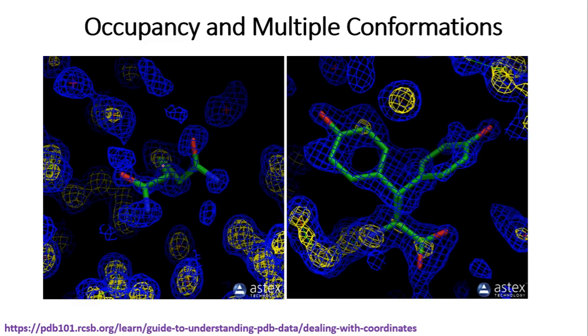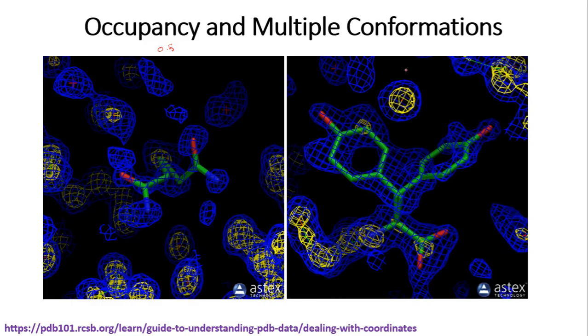Okay, over here you can see that in half of the crystal the side chain is oriented in this way, while in the other half of the crystal the side chain might be oriented in this way. In such a case, the occupancy for this particular atom in your PDB file would be 0.5. In the second example that I have shown you, this tyrosine side chain in half of the molecules in your crystal is oriented in this way, while in the other half it is oriented in another way.